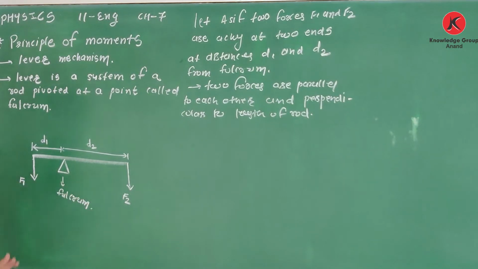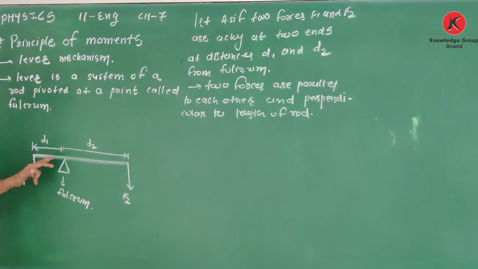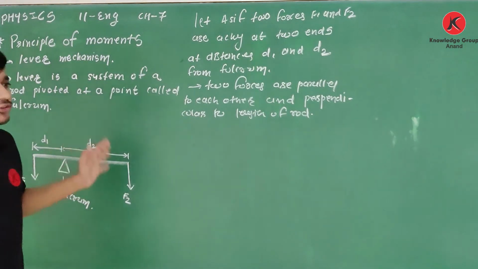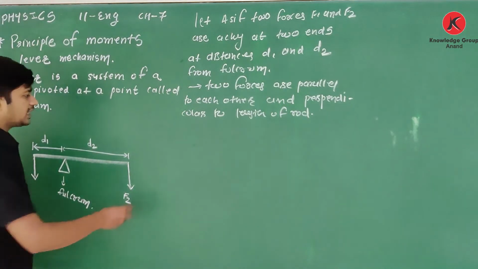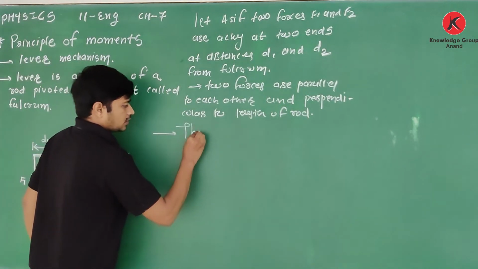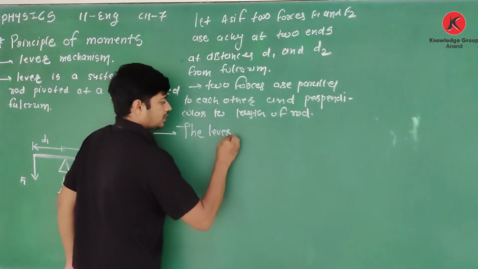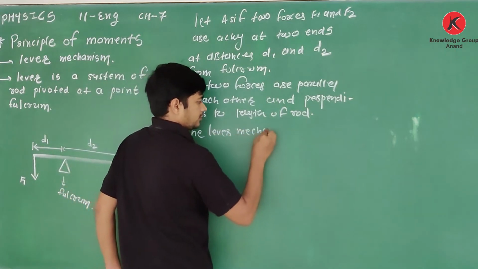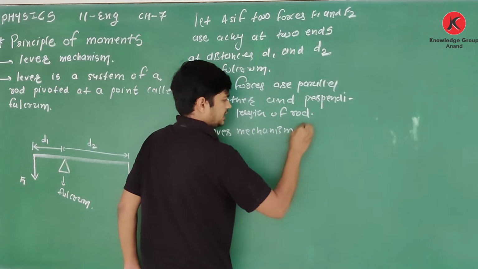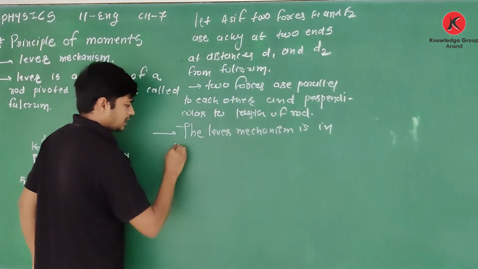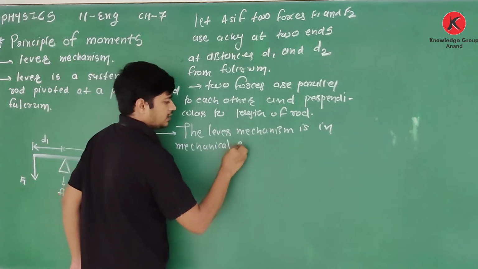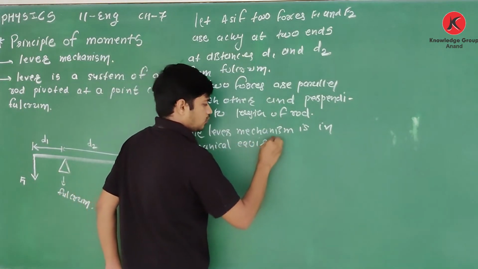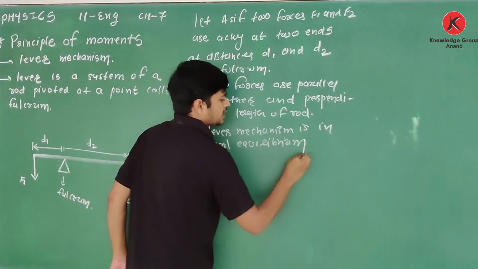Two forces F1 and F2 are parallel, and the pivot is called the fulcrum. Now this lever mechanism is in mechanical equilibrium. What is the meaning of mechanical equilibrium?